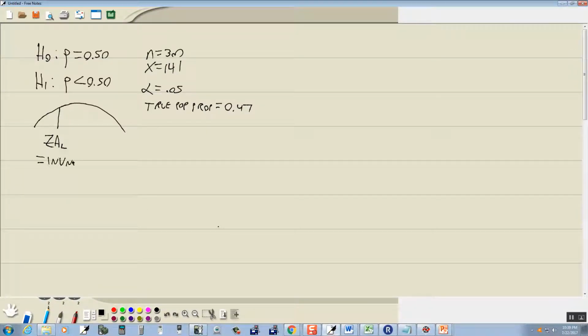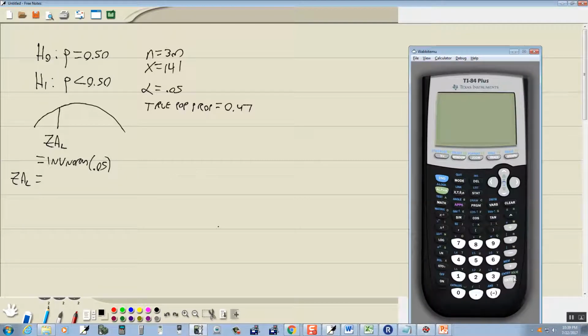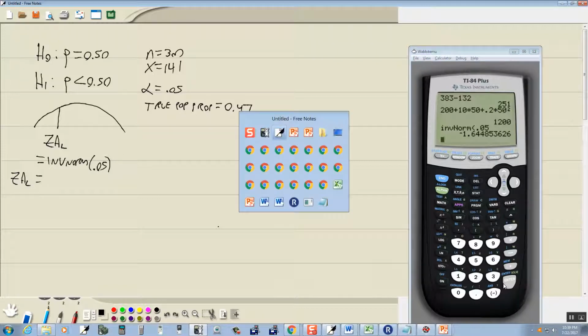So inv norm of alpha, which is 0.05. So Z alpha sub L is going to equal second bar's inv norm, 0.05, gives us something.